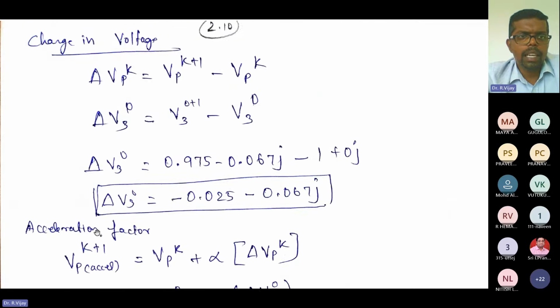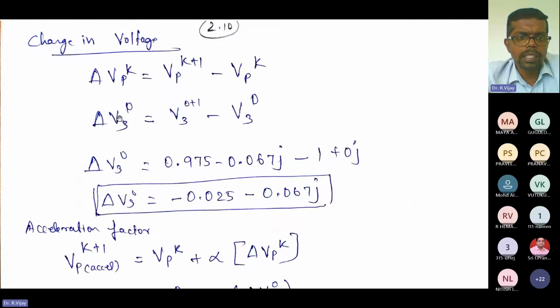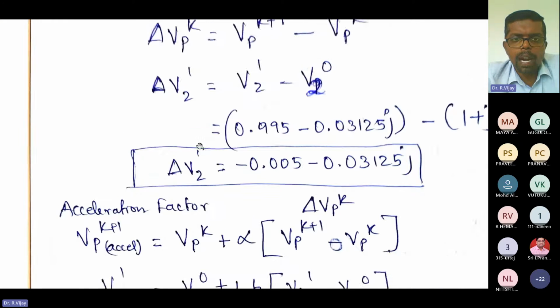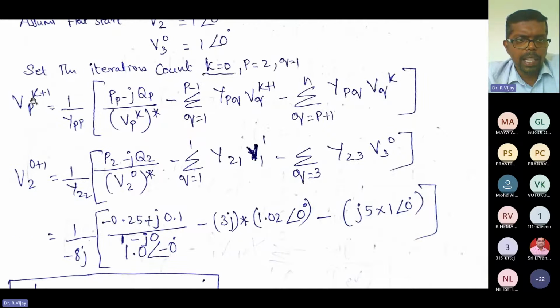Next, similarly, you need to calculate it for the third bus also, because there are 3 buses now. So you need to calculate the change in the voltage, and here also you need to calculate V3¹ with the same formula. You just take it as homework, V3^(k+1).